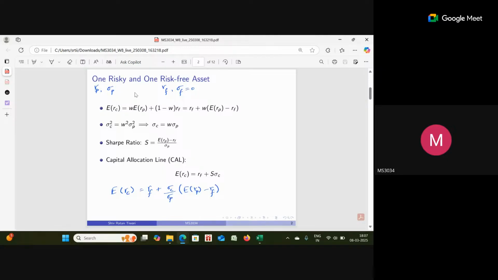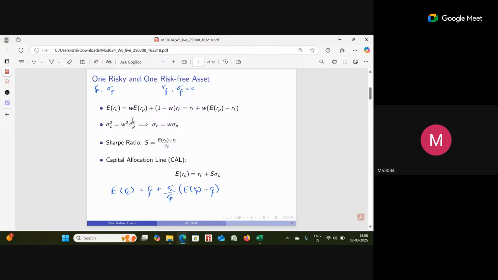Let's suppose you invest w% of your wealth in the risky asset and the remaining in the risk-free asset, and you build your portfolio, which we call the combined portfolio, denoted with subscript C. For that portfolio the expected return will be W times the risky asset's expected return plus 1 minus W times the risk-free asset's return, and that is simplified in this form.